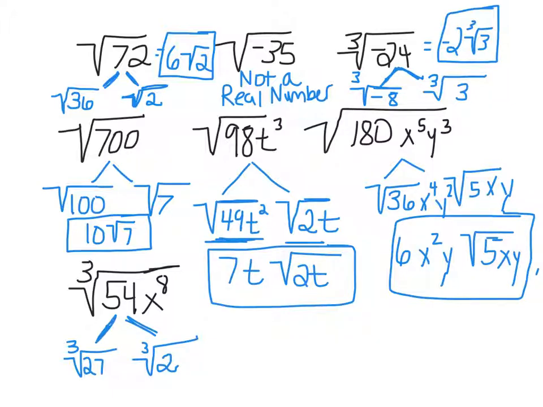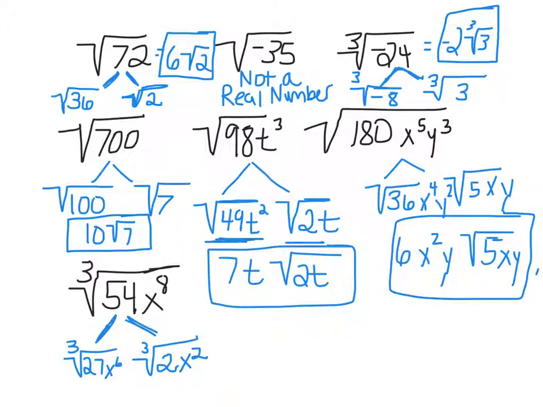Now let's look at x to the 8th. Because x to the 8th is not divisible by 3, what is the largest number smaller than 8 that is divisible by 3? 6. So I'm going to break this up into x to the 6th and x squared. 6 plus 2 is 8. Everything looks good.